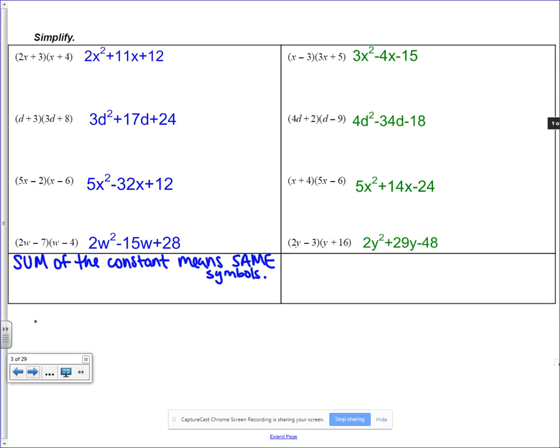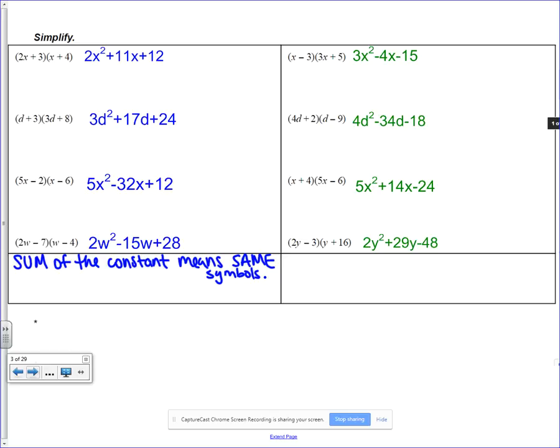Okay. So then over on the right-hand side, what do you notice about those symbols? These symbols in here are different for all of these problems, right? So what do you notice about the constant? You guys see how the constant is always being subtracted over here?